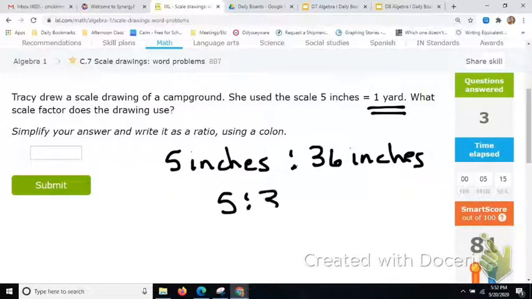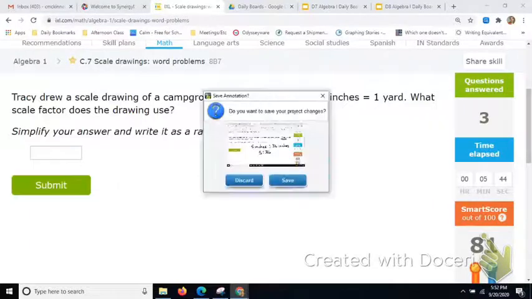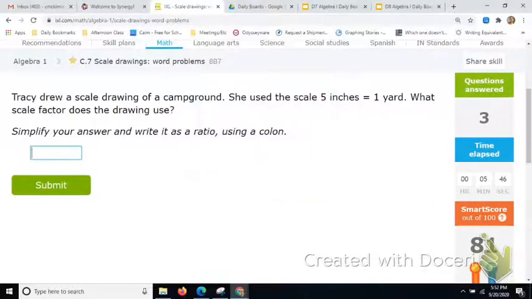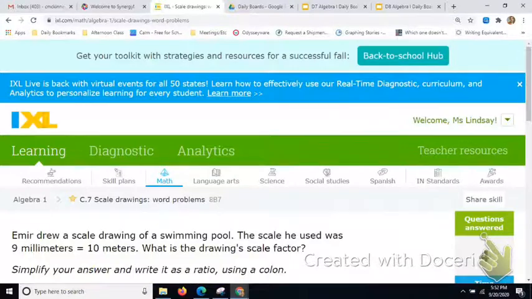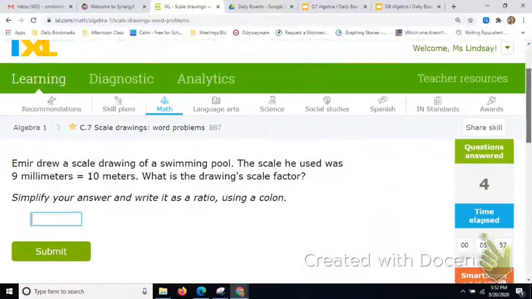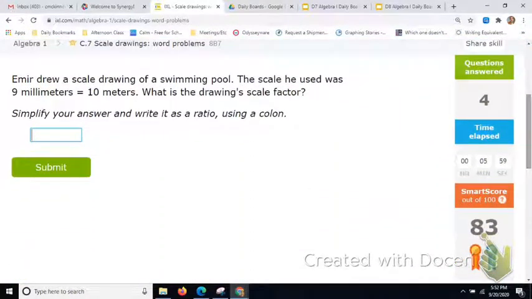So 5 to 36. And that does not simplify. Right, so if you try to go higher, then you're going to need to know some things about measurements, like how many millimeters is in a meter. Right? But you're not required to do that.